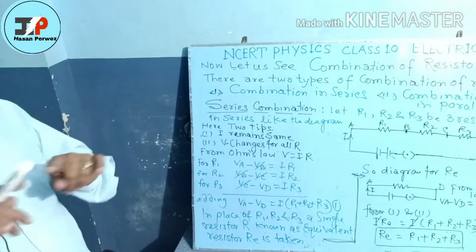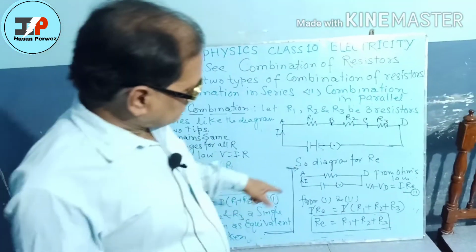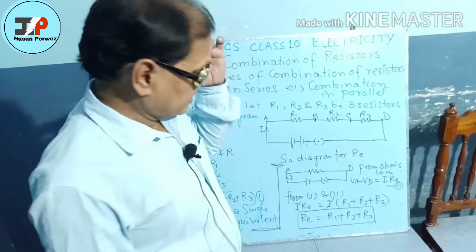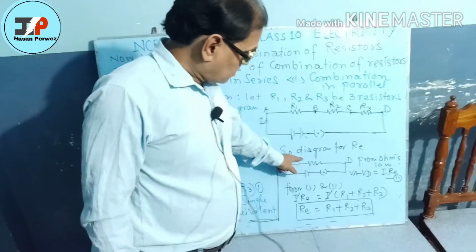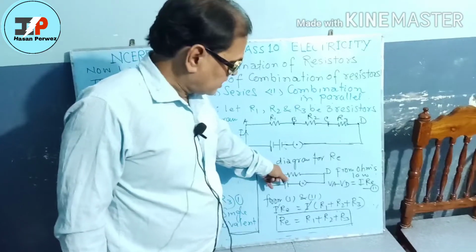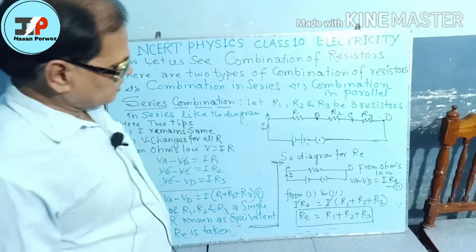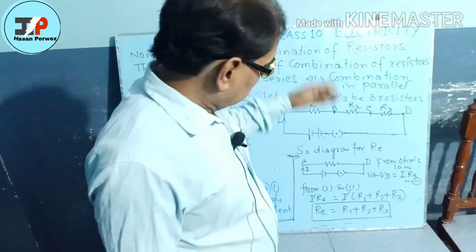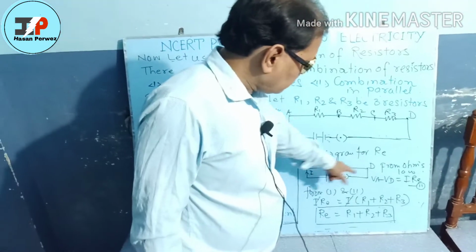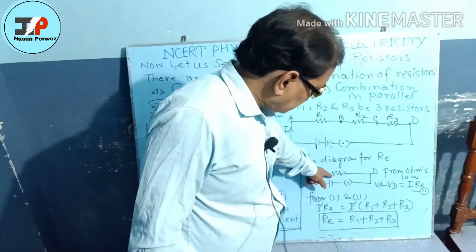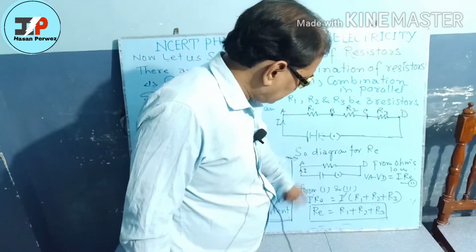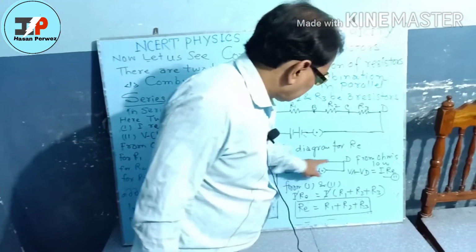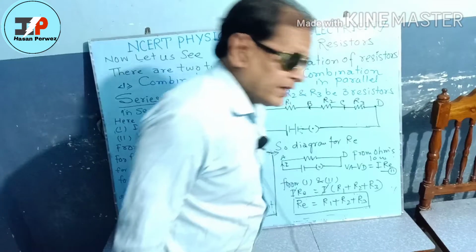In place of R1, R2 and R3, we take a single resistor known as equivalent resistance. Here a separate circuit is given. Its resistance is Re. So apply Ohm's law, V is equal to IR. For a single equivalent resistor Re, we can write VA minus VD is equal to IRe.